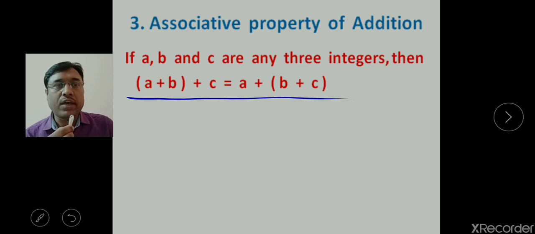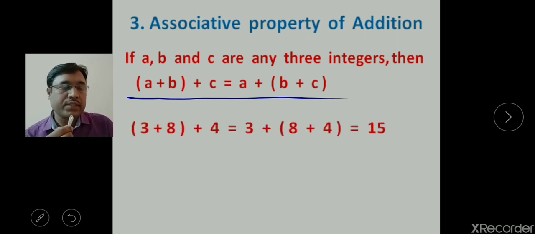If you add the numbers this way, you will see that both sides are equal. For example, 3 plus 8 inside the bracket, plus 4: 3 plus 8 is 11, plus 4 is 15. Now the RHS can also be evaluated: 8 plus 4 inside the bracket, then 3 is also there, so the total 15 is the result. This way we can say that addition of integers follows the associative property.